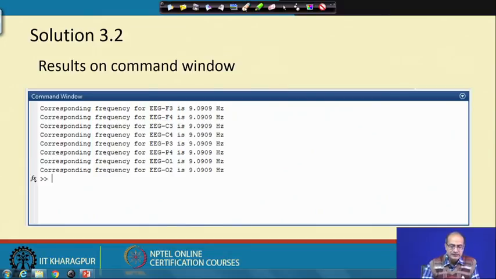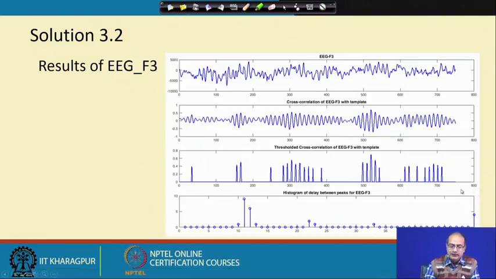So, for each of these signals, each of these cases, it is giving us a little more than 9 hertz frequency, and we know that we have a range for the alpha, it is within that range.